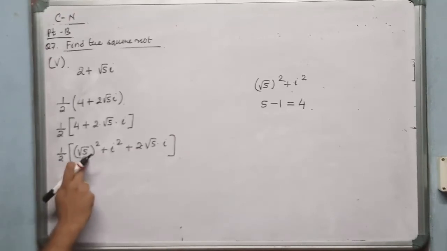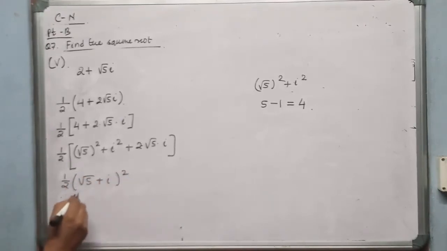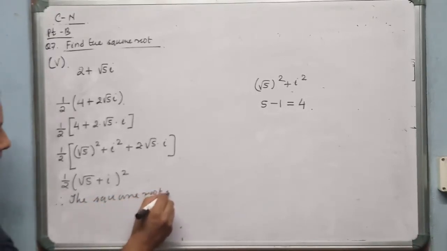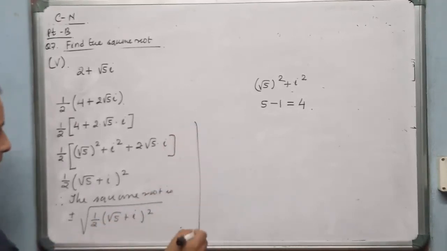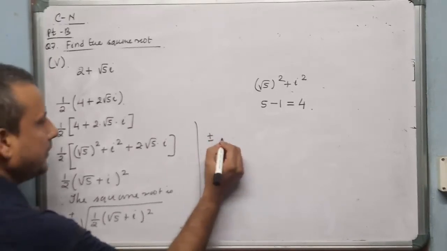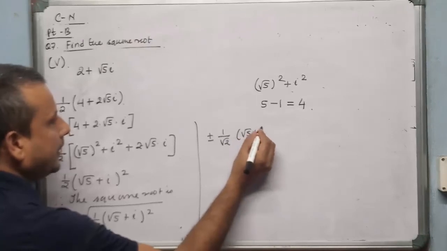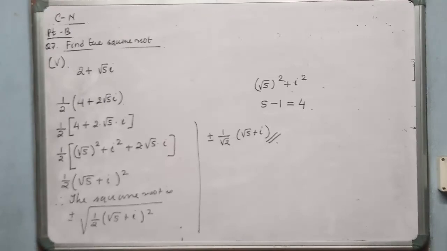Half of a square plus b square plus 2ab means we can write (root 5 plus i) whole square. Therefore, the square root is plus minus the root of half into (root 5 plus i) whole square. Then the final answer will be plus minus 1 by root 2 into (root 5 plus i). This is the required answer, or you can open this bracket also.